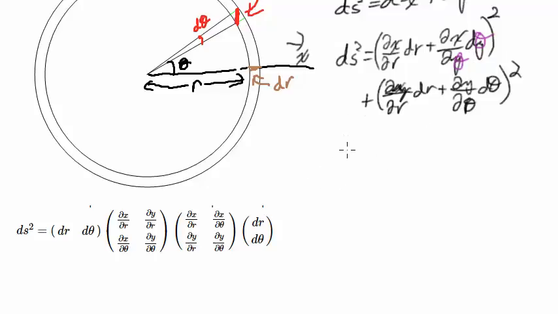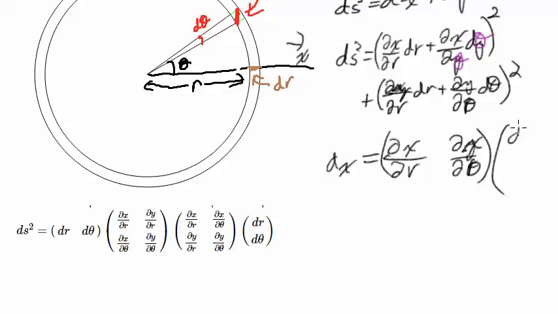And to think about that, this dx is the inner product of del x/del r, del x/del theta times dr d theta. Yeah, okay. If I didn't make any mistakes, then I'd be perfect.